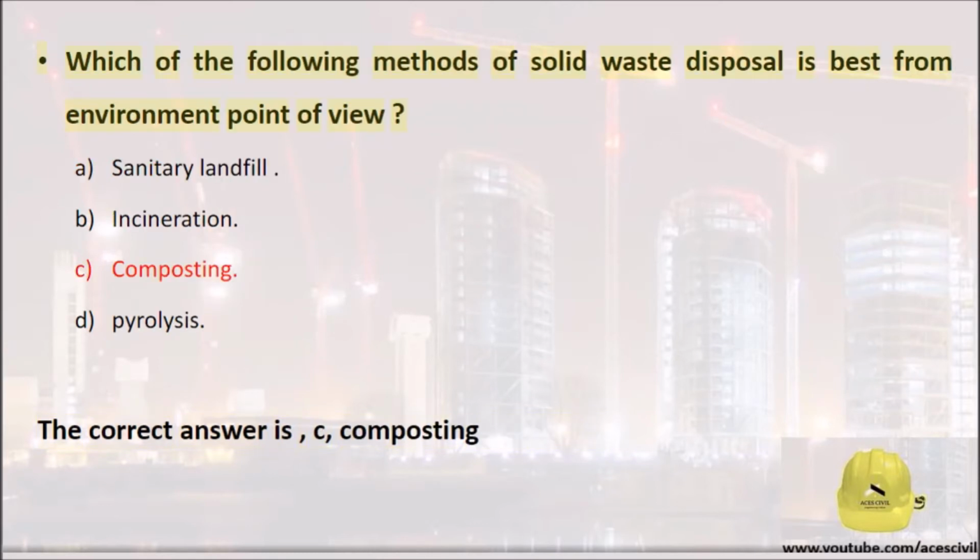Which of the following methods of solid waste disposal is best from environment point of view? A. Sanitary landfill, B. Incineration, C. Composting, D. Pyrolysis. The correct answer is C. Composting.